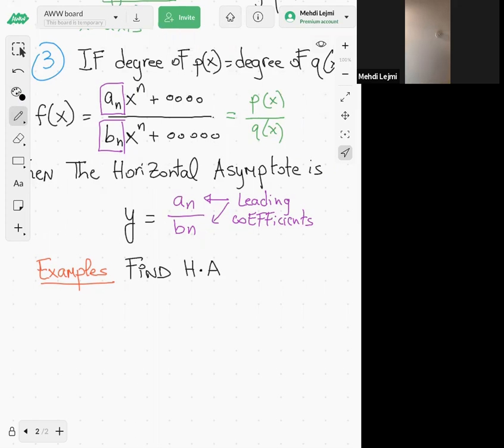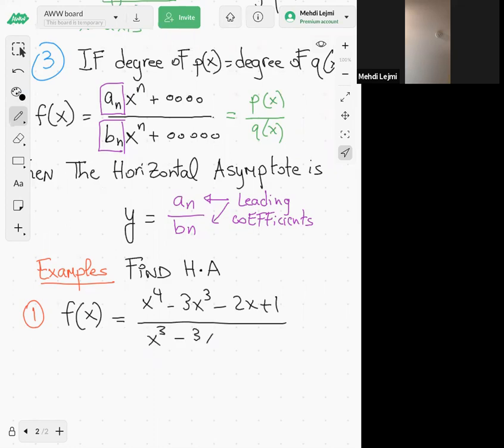First example: let's say f of x is x to the fourth minus 3x cubed minus 2x plus 1, over x cubed minus 3x squared minus 2. Of course, this is the top, that's my p of x, and the bottom is my q of x.